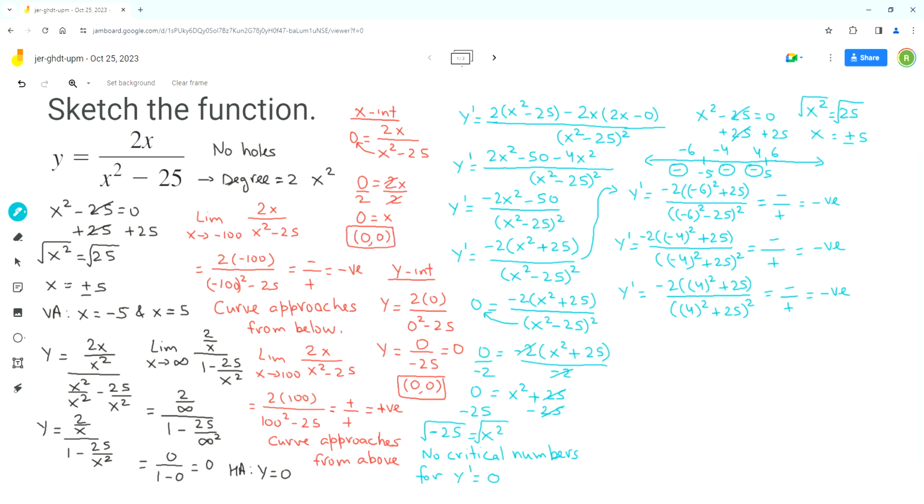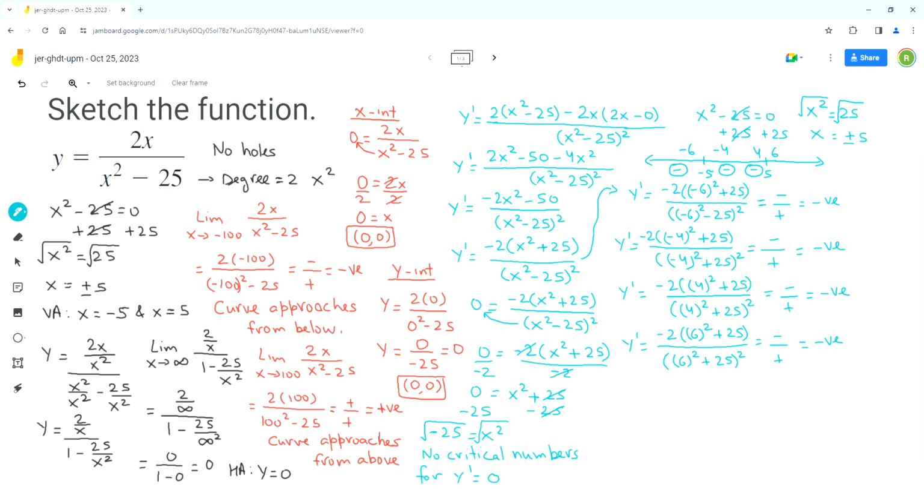Now we can do the analysis for the right side of x equals 5. So we can use the test value 6. So again we'll get a negative result in the numerator, positive in the denominator, so the overall value will be negative.